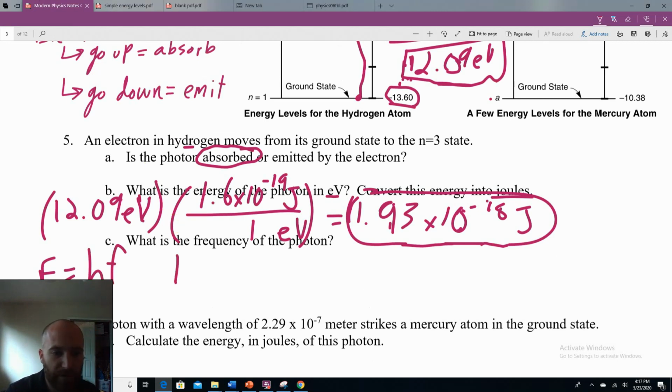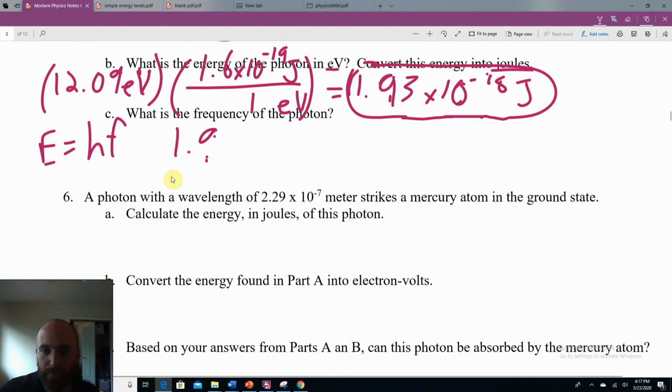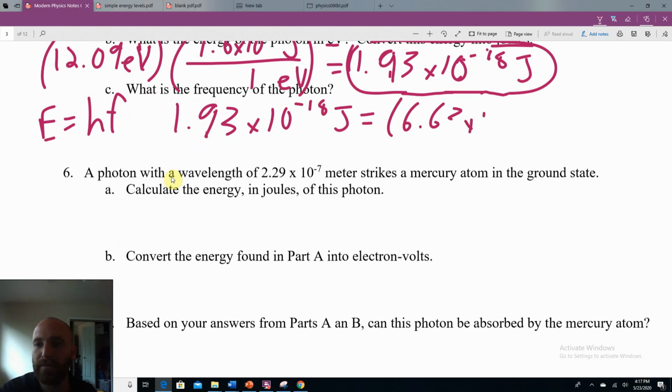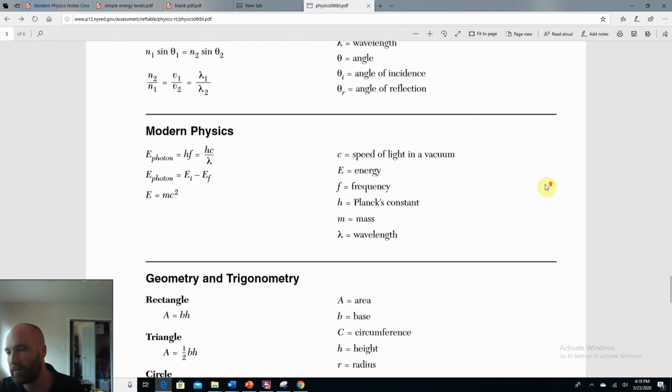E equals hf. Again, we're using the joules value, so that's 1.93 times 10 to the negative 18 joules equals h, which is 6.63 times 10 to the negative 34 joule seconds. That's Planck's constant. How did I know that's what I'm going to plug in?